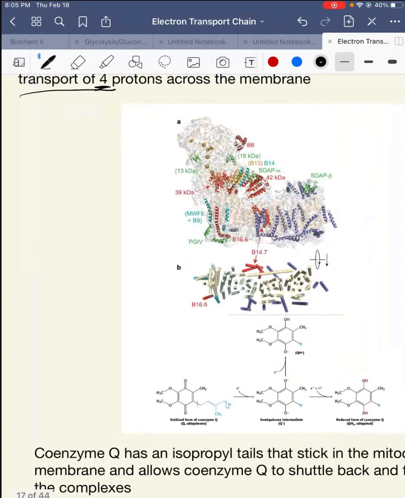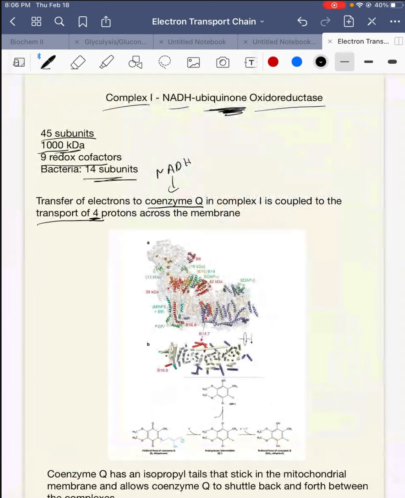Coenzyme Q takes electrons from complex 1 and brings them to complex 3, and it also takes electrons from complex 2, which we'll talk about, and gives them to complex 3 again. So it needs those isopropyl tails to anchor it in the mitochondrial membrane and allow it to shuttle back and forth between the complexes.